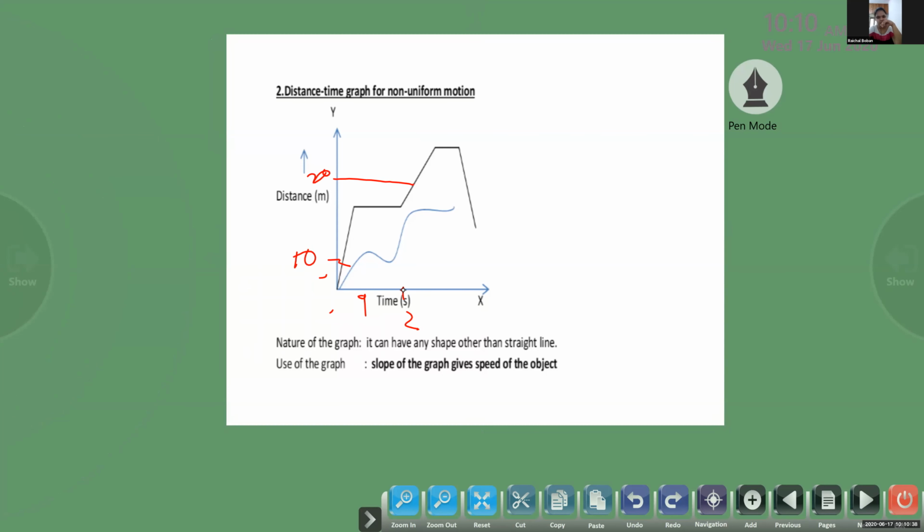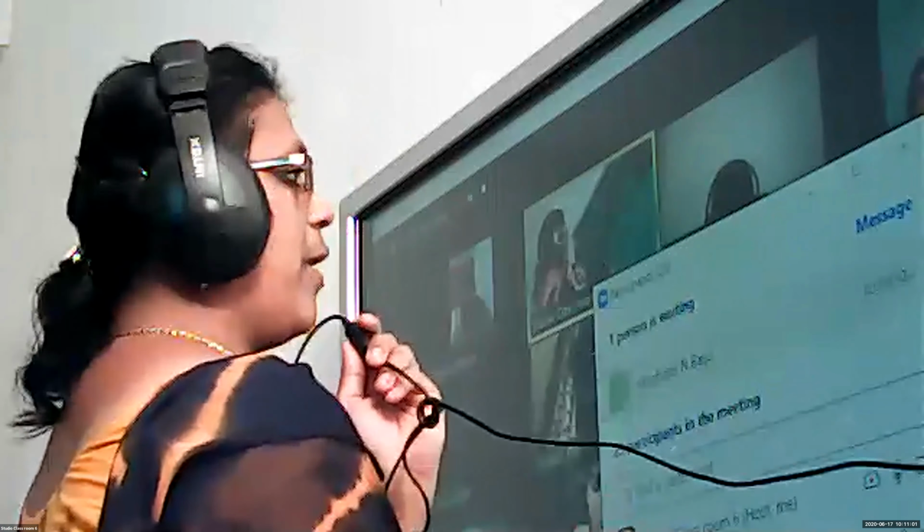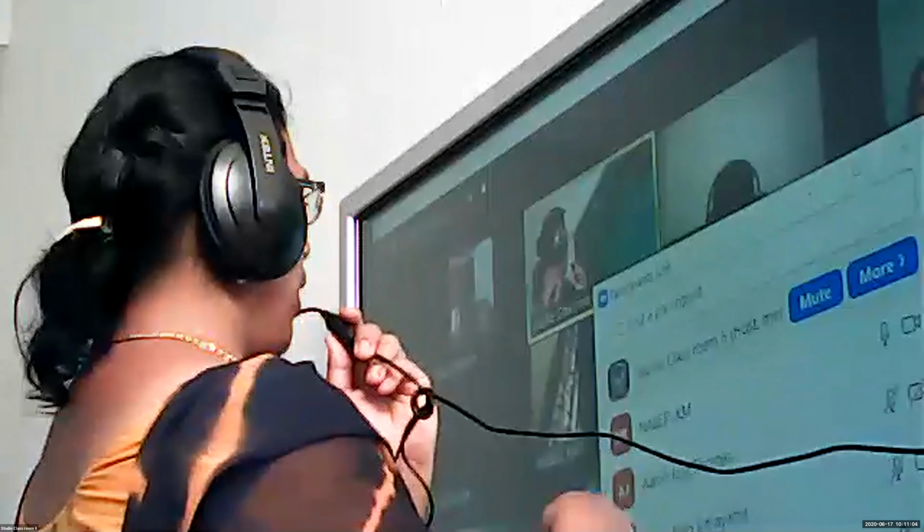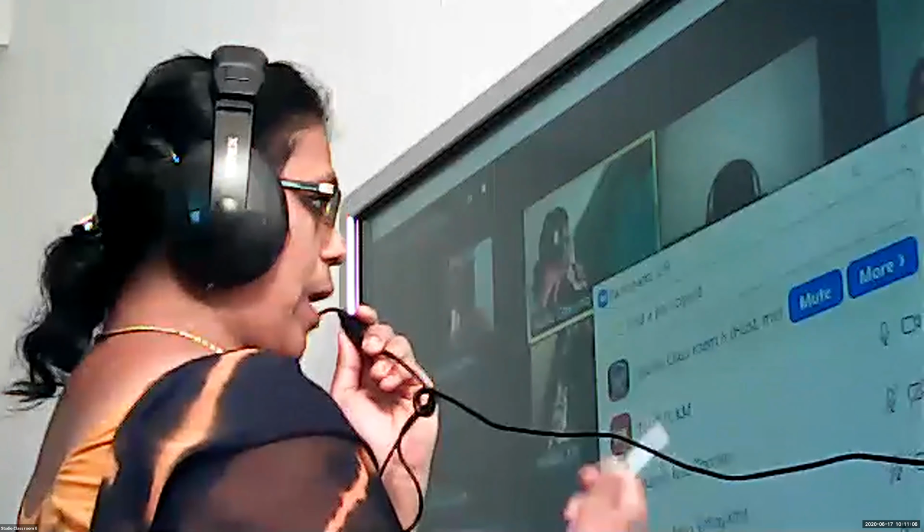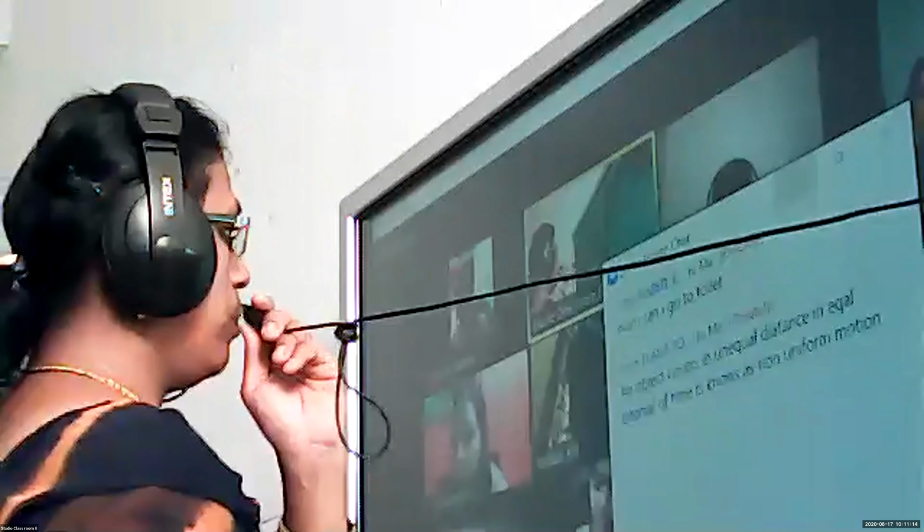Ma'am, Ashna told she cannot enter. But there is no message of hers. Ma'am, Ashna and Chrisjo also. Okay, let me see whether there is any problem with them. When those are joining, I will get the message here. I'm not getting the message. Like Nabil, in between you are going due to network, but I am admitting you again. But I'm not getting Ashna's name and Chrisjo's name. I don't know what the problem is.